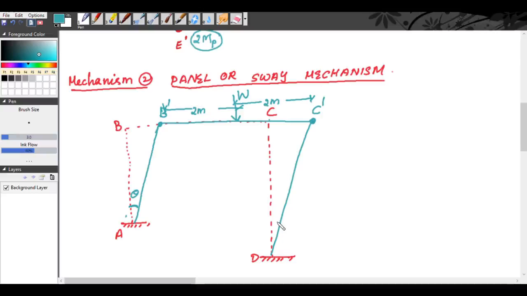See, you can do it in any way. Previous problems I have told you. You can take this as theta. You can take this as theta 1, which means this B dash will be equal to, since AB is 3 meter, DC is 4 meter, B dash will be equal to 3 theta and C dash will be equal to 4 theta 1.